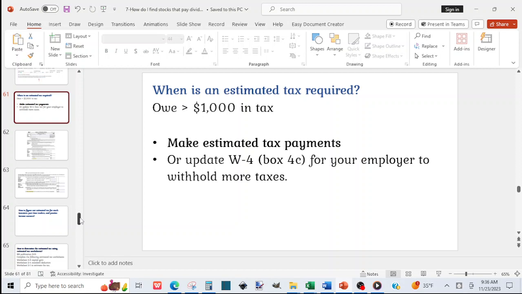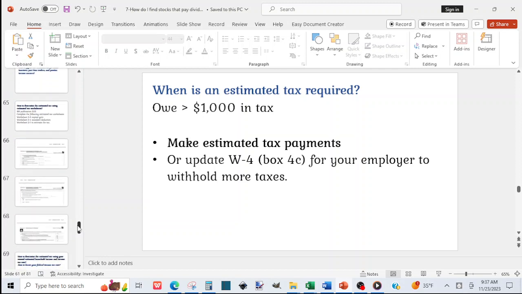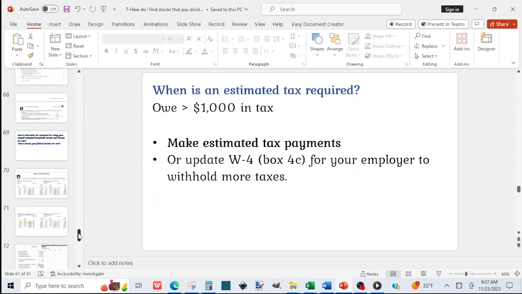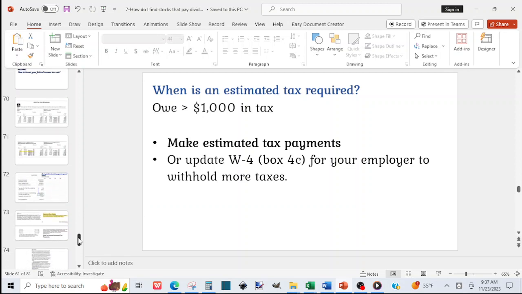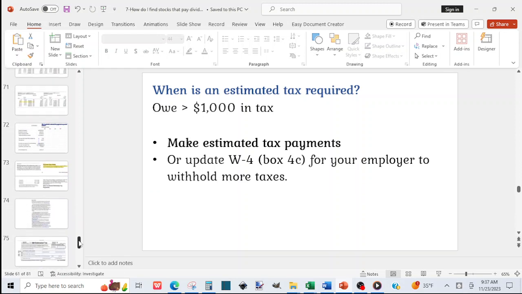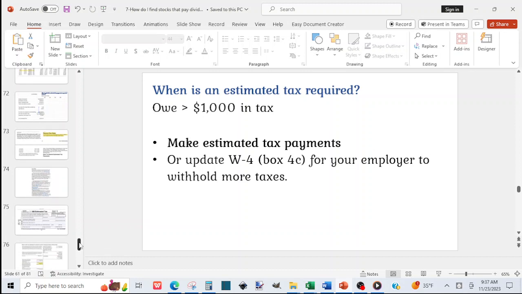So if you decide to make estimated tax payments, there are deadlines that you have to meet, and we have a video on those deadlines, and we have a video on estimated tax in detail that will be helpful. So I could add it in the description.